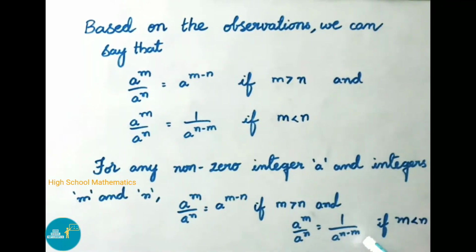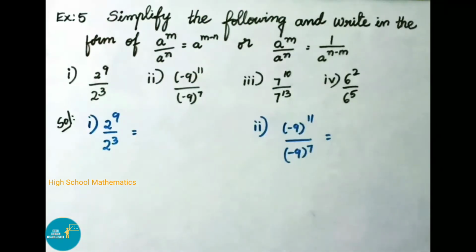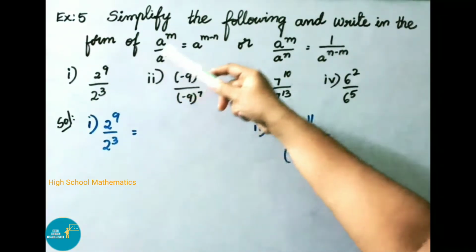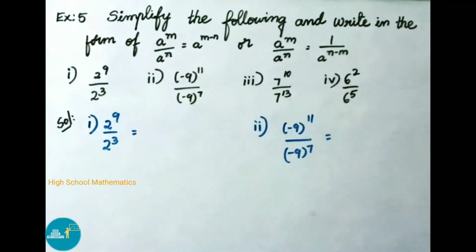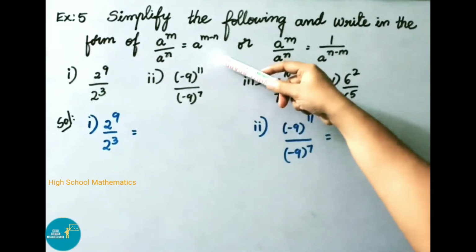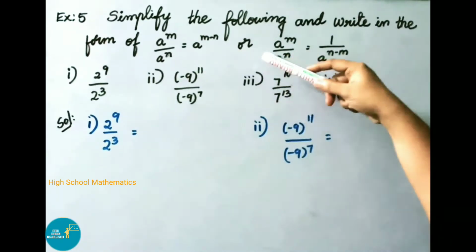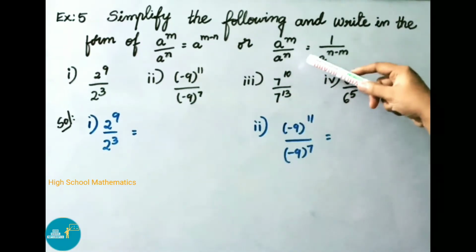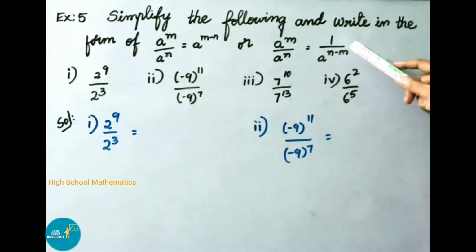Now by using this law, we are going to solve sums. See now example 5. Simplify the following and write in the form of a power m by a power n equals a power m minus n, or a power m by a power n equals 1 by a power n minus m.